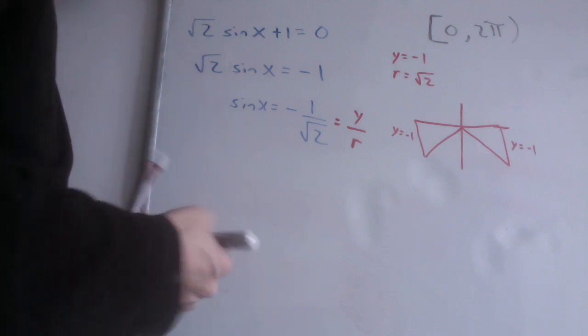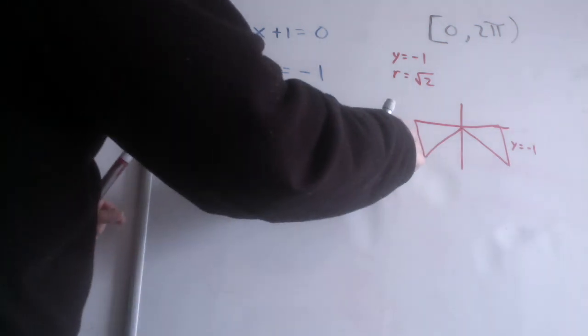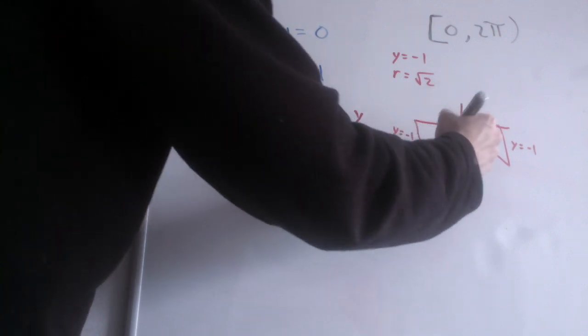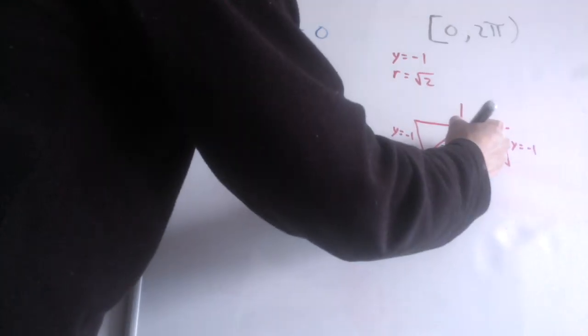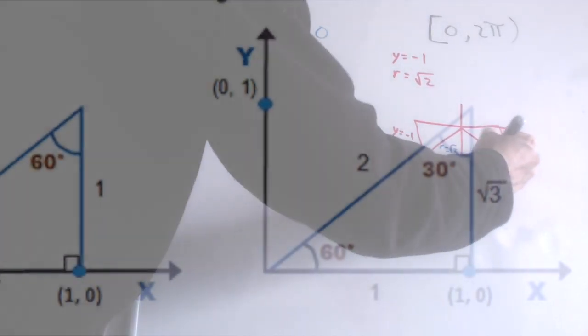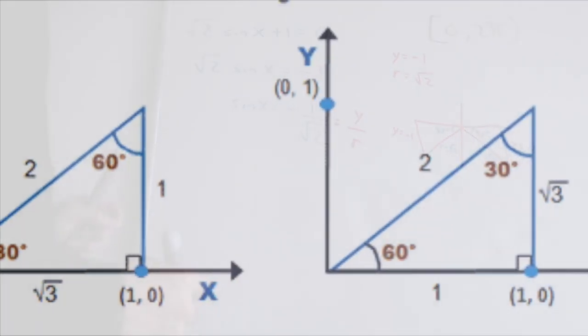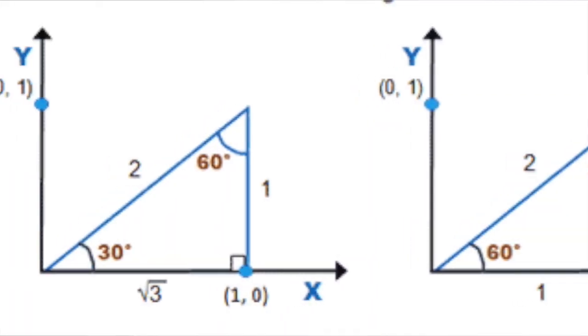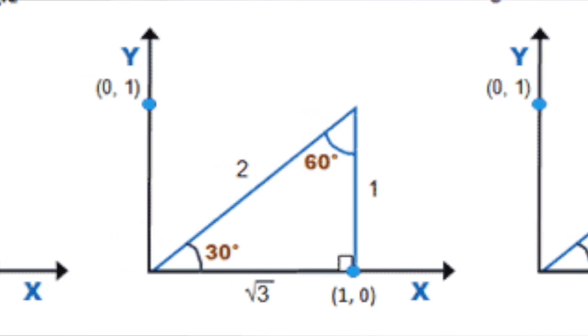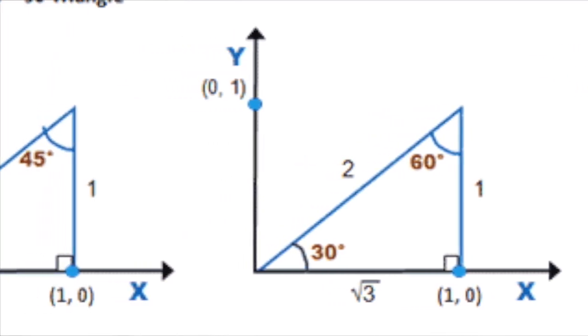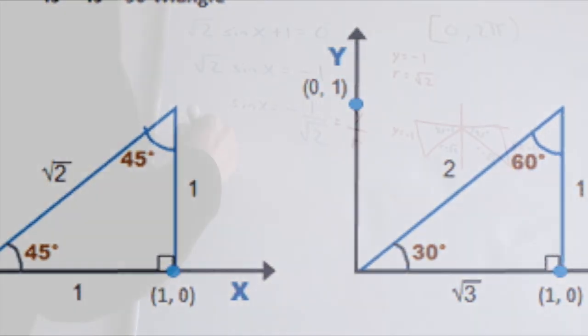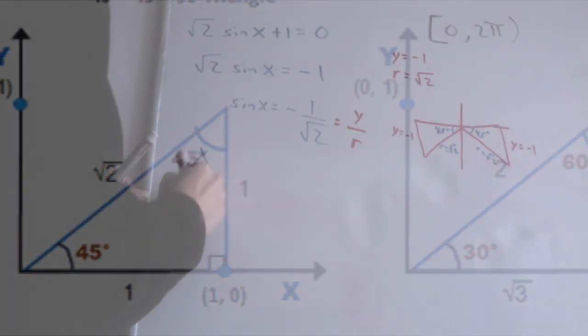So I have to find the triangle that has y as 1 and r as square root of 2. And the triangle is the triangle of 45 degrees.